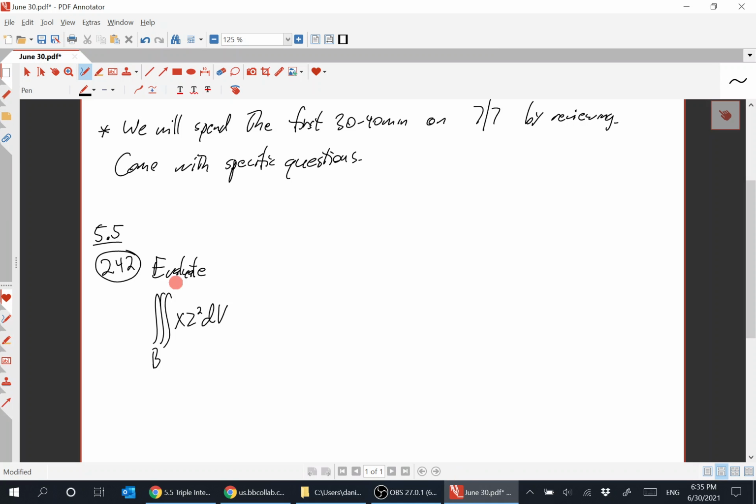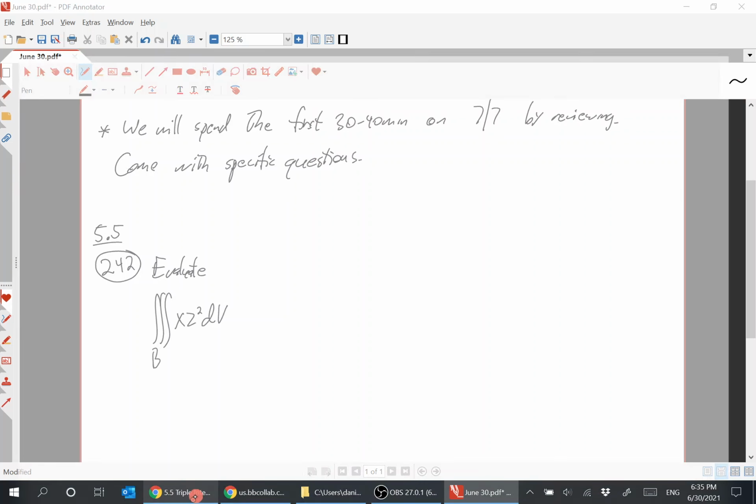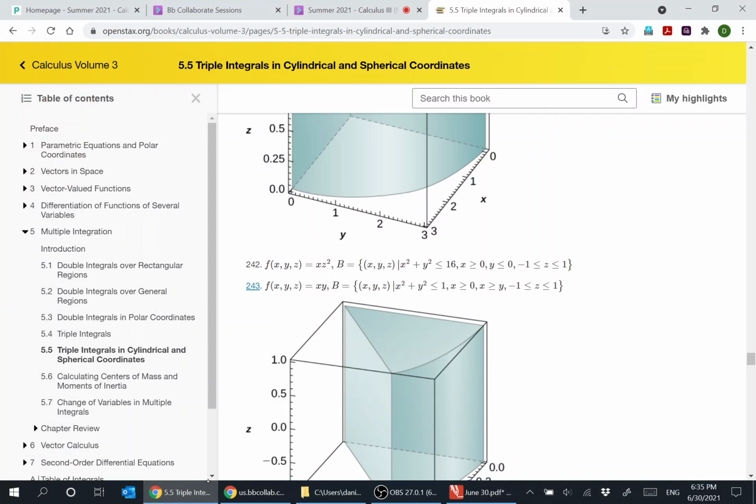So evaluate this where our region is x squared plus y squared less than or equal to 16. So that is the cylinder of radius 4, centered on the z-axis. X bigger than 0, y less than 0, and z between -1 and 1.